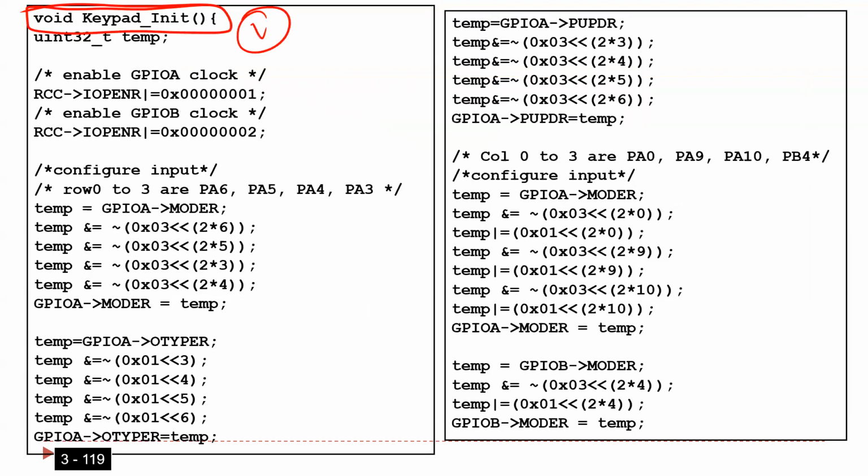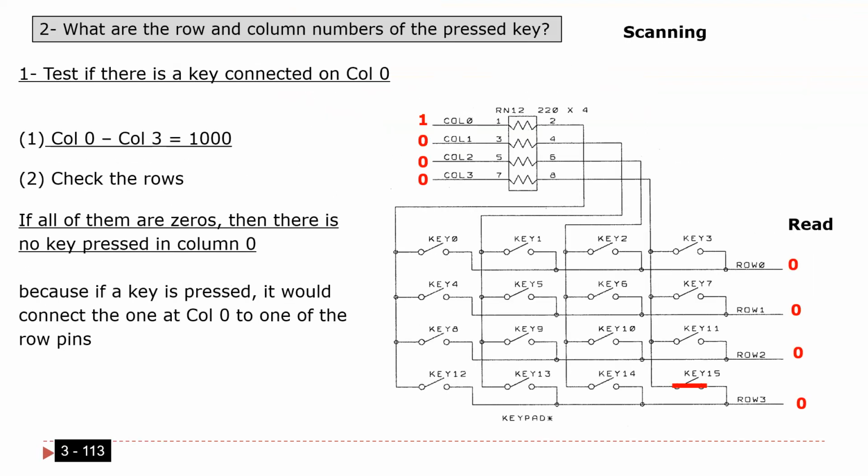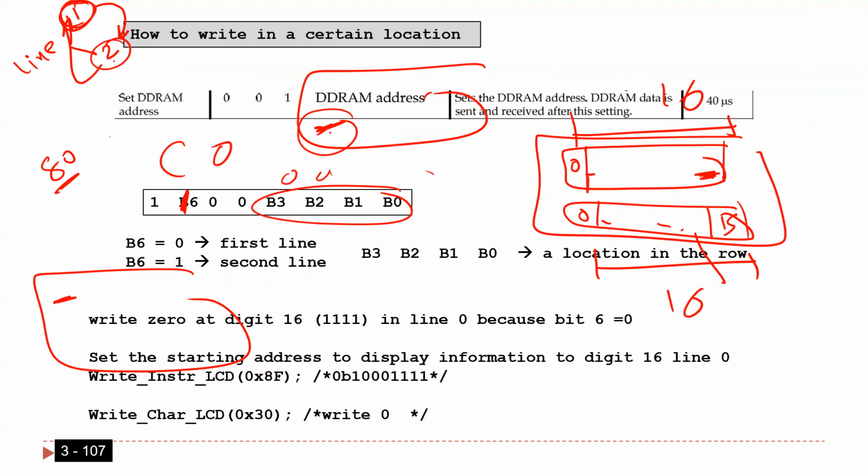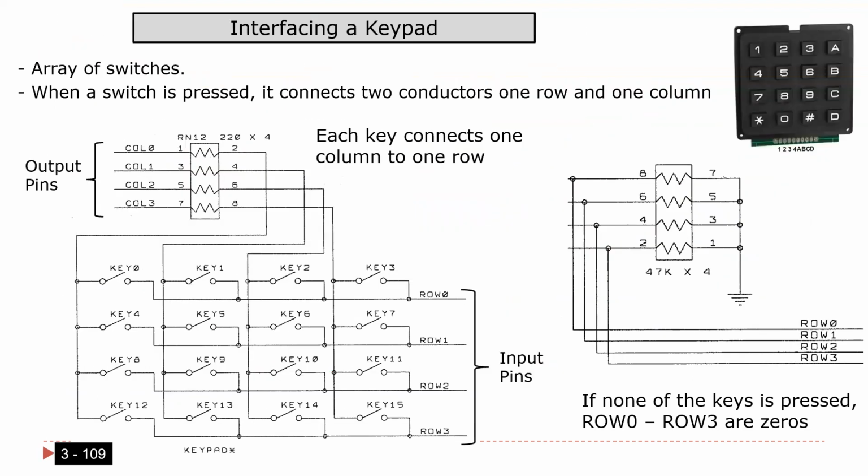Okay. So now, let's talk about the connection, how it is connected. You told us right now, all I need is 4 and 4, so I need 8 pins. Where are the 8 pins? Unfortunately, the keypad is not connected to the board. We need 4 rows and 4 columns, and only 2 are connected here.